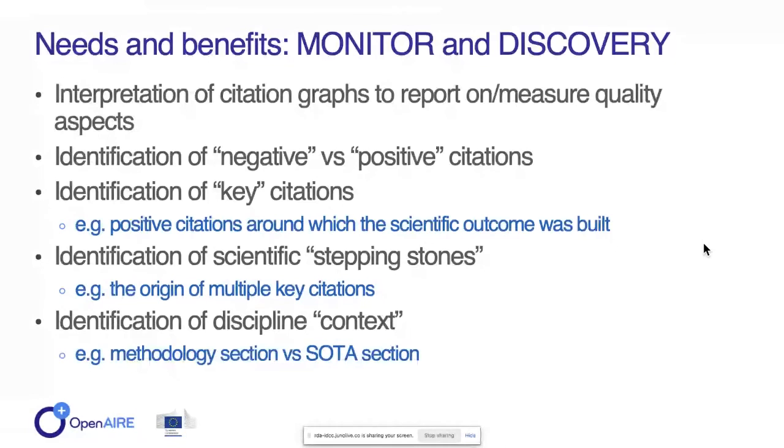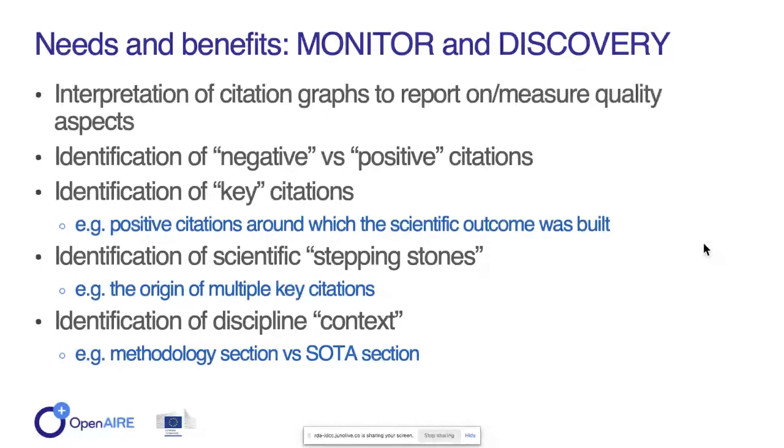Among the many that you have, this one plays a very important role. For example, your research outcome spins around another one. You mentioned many, but this one is the origin of your ideas. That's a very important thing to do, especially today with the wave of publications we are suffering from.